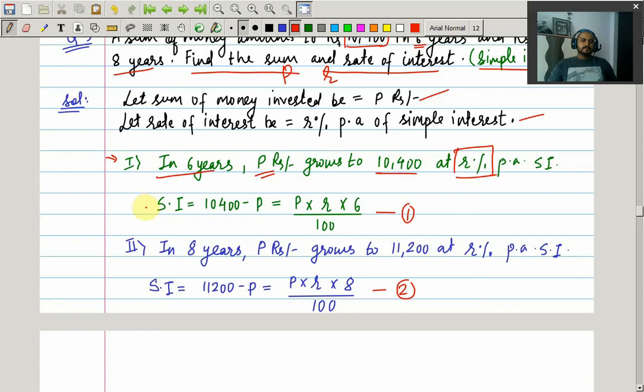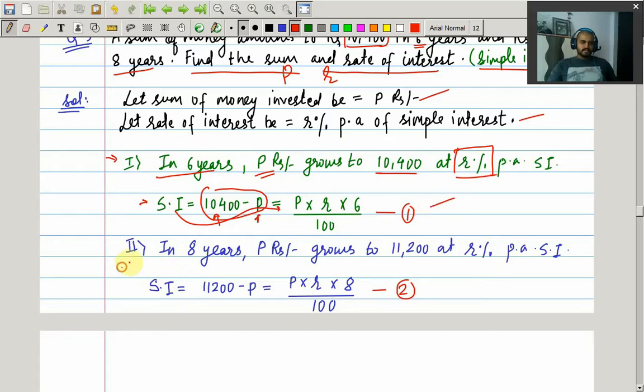So simple interest is the amount minus P. That's the simple interest. And by formula, simple interest is P into R into 6 upon 100. So this is my equation number 1.